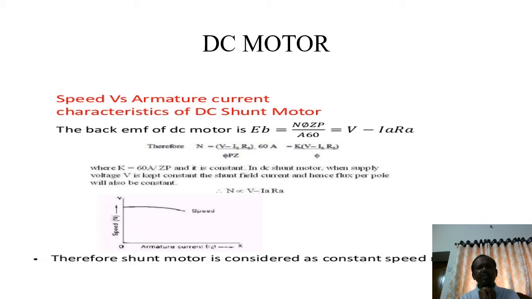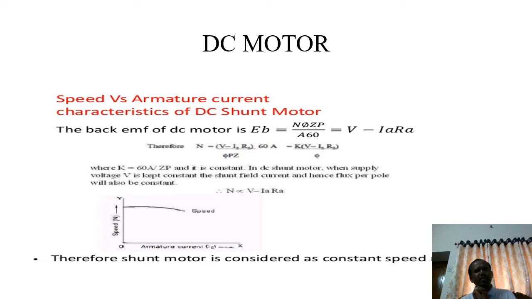When the machine is under no load condition, armature current is very small, so the drop is negligible. So the motor is rotating at maximum speed. When armature current is produced by applying the load, armature current increases.